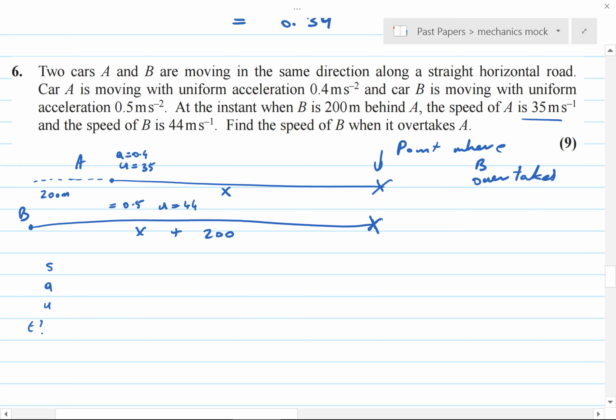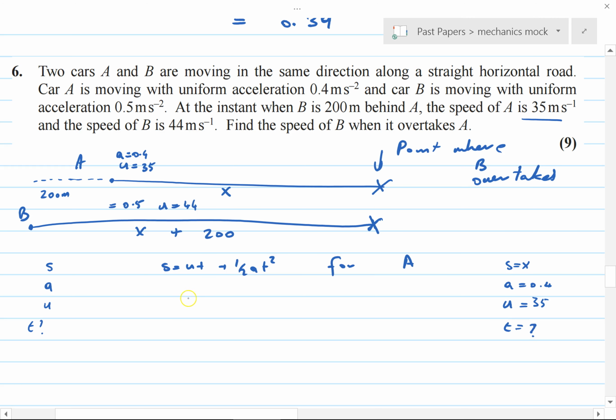And once we've got the time, then we can work out the speed easy enough. So let's apply s equals ut plus half at squared for A. We're going to call s x. We've got a equal to 0.4, u equals 35, and let's get an equation for t.